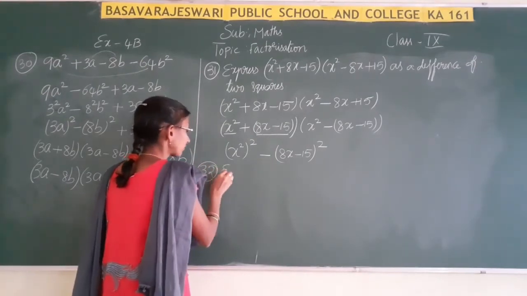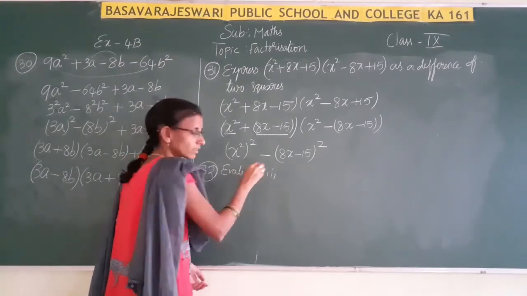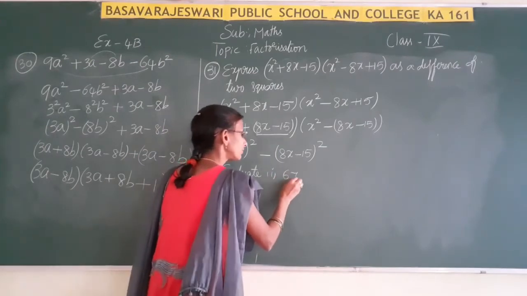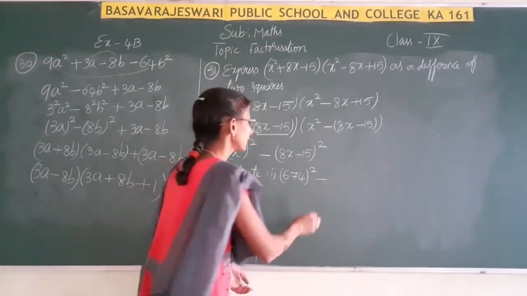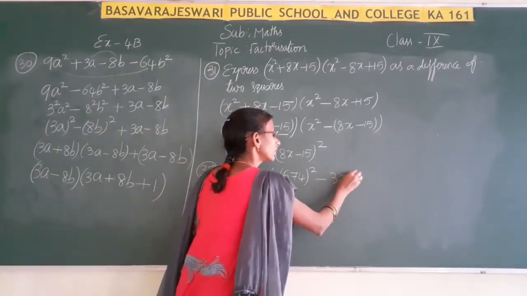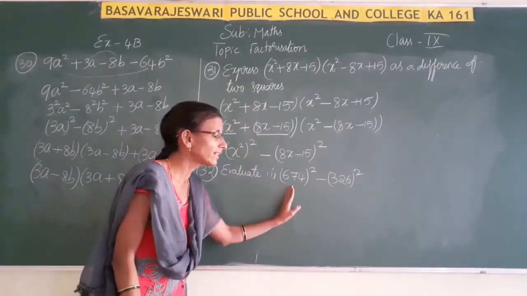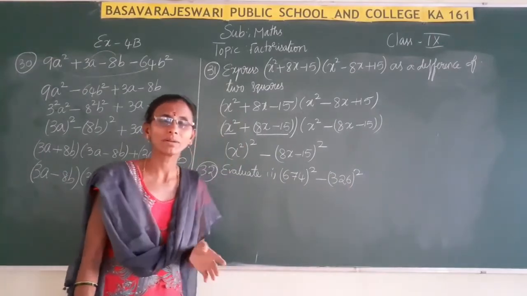Second, evaluate. First one, 674 whole square minus 326 whole square. By using the identity a square minus b square, what is a square minus b square?